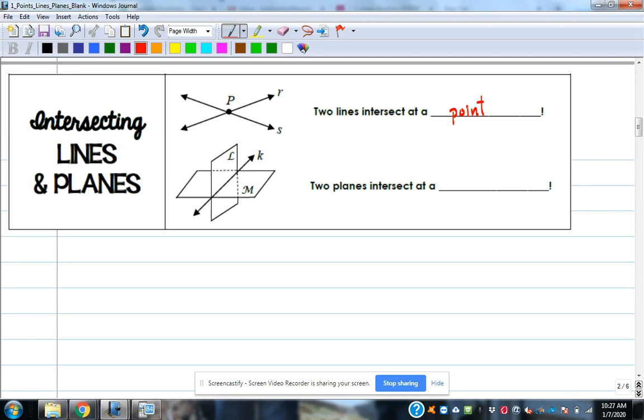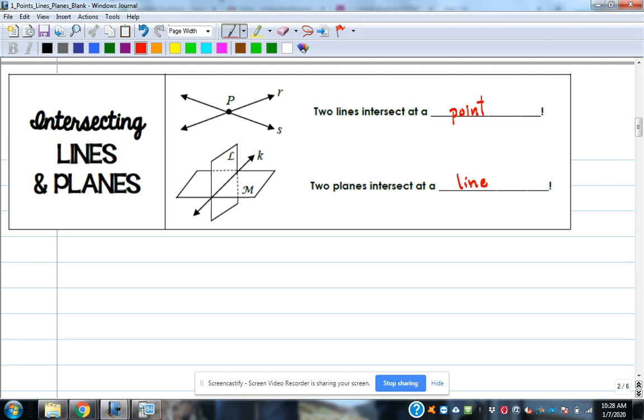2 planes, when you have 2 planes, like 2 pieces of paper, and they intersect, what does it form? Look at our picture here. What's that kind of darker thing in the middle that has the K beside it? A line. So when 2 planes intersect, it forms a line. Good examples of planes that I'll use a lot throughout the semester are the walls.